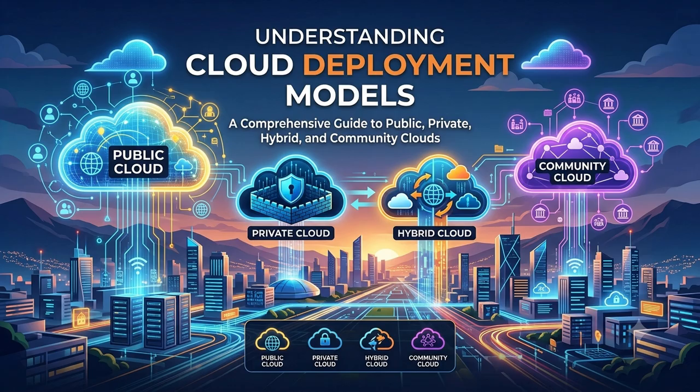Step 5. Configure network settings. Configure network settings, such as subnets, virtual private networks, VPNs, and load balancers, to ensure that the infrastructure is accessible and highly available. Step 6. Deploy applications. Deploy applications, services, or databases to the cloud infrastructure.